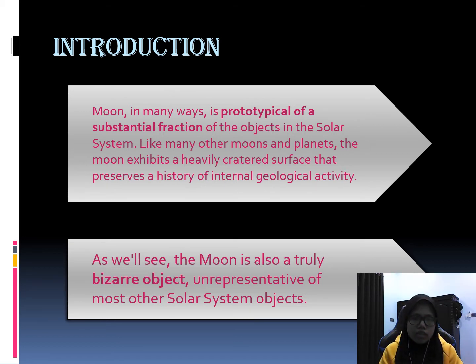The moon exhibits a heavily cratered surface that preserves a history of internal geological activity. For example, as we will see, the moon is also a truly bizarre object, which is unrepresentative of most other objects in the solar system.